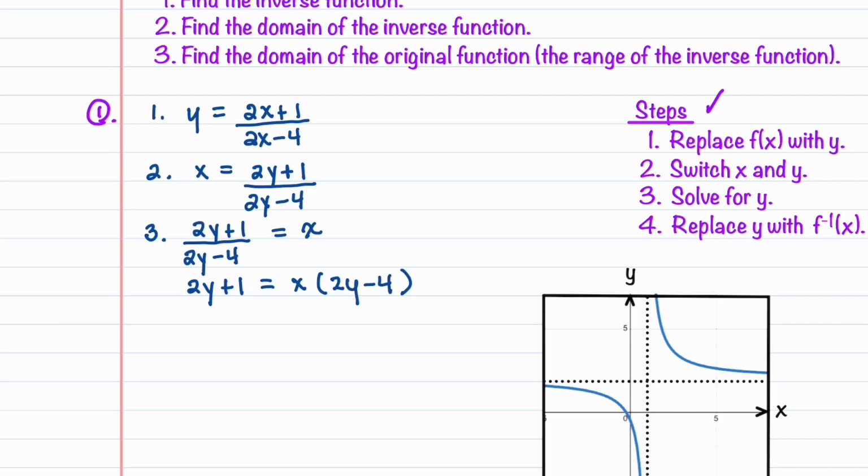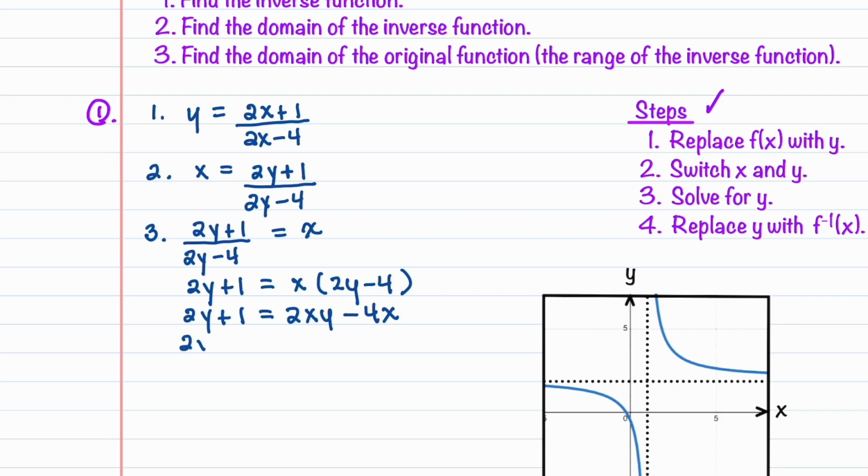Now what we're going to do on the right-hand side is multiply everything out. The left-hand side stays the same, 2y plus 1. On the right-hand side, we have 2xy minus 4x. Now we're solving for y, so let's pull our y's to the left and everything else to the right.